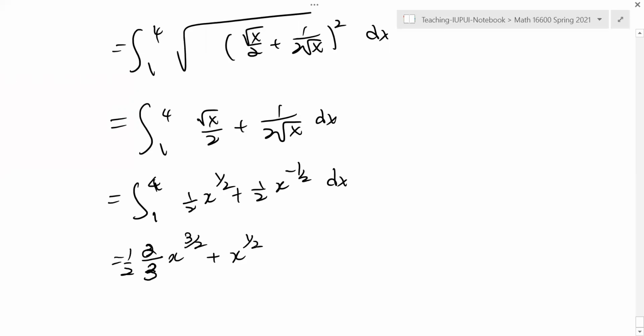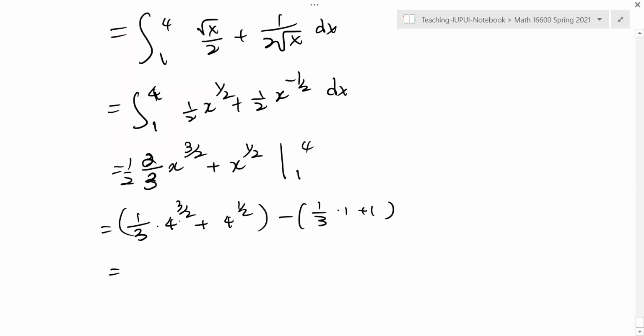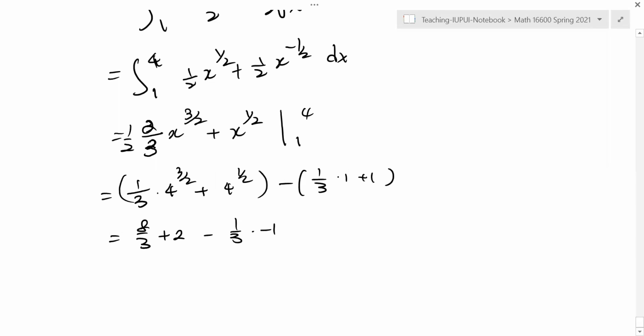Then you plug in 4: 4 to the 3 over 2 plus 4 to the 1/2 minus 1/3, 1 plus 1. Okay, so let's evaluate this. 8 over 3 plus 2 minus 1/3 minus 1. So I got 7 over 3 plus 1. So it's 10 over 3. So you see the length is 10 over 3.